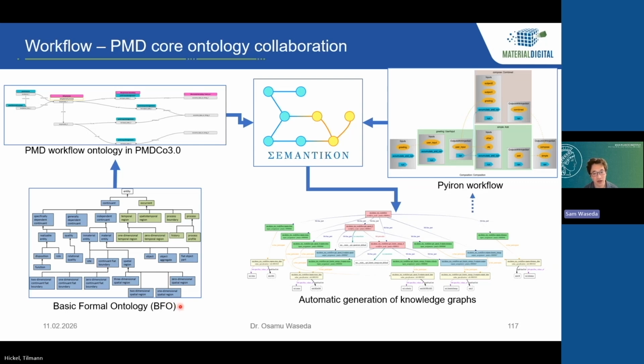And this PMD-CO is directly translated into Semanticon, and using the Python workflow, which can export the workflow in the Python workflow definition format that Tilman just introduced, you can translate this into a knowledge graph without actually doing anything other than putting an annotation in your nodes, which should probably be done already before you use the node.